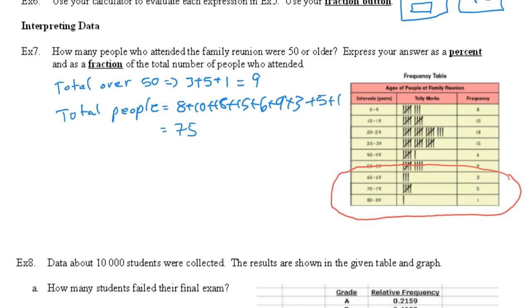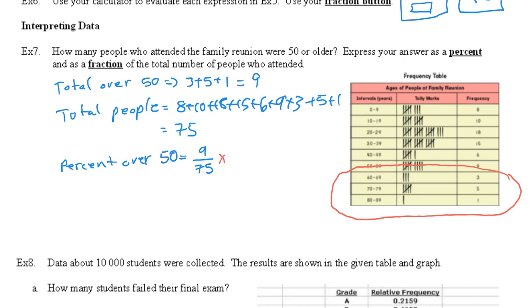So now if I want to find the percent over 50, you're going to get this. 9 divided by 75 is the fraction, right? But now we have to turn it into a percent.